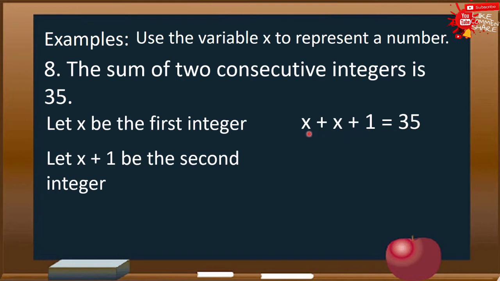So we will have x plus x plus 1 is equal to 35 because of the word is. So ang symbol niyan ay the equal sign. So this will be the mathematical sentence in our given verbal sentence, which is the sum of two consecutive integers is 35.